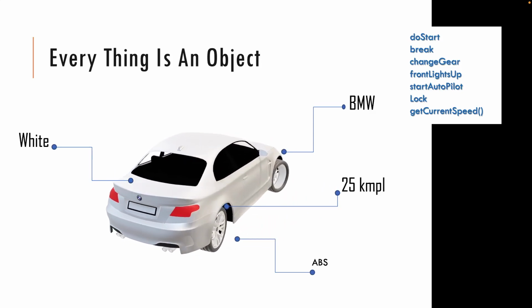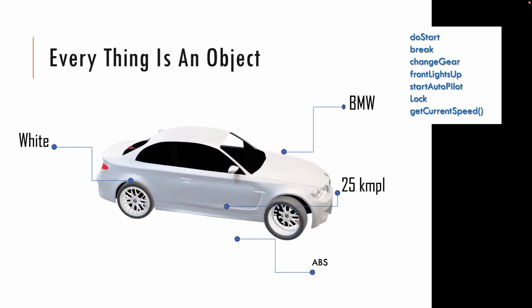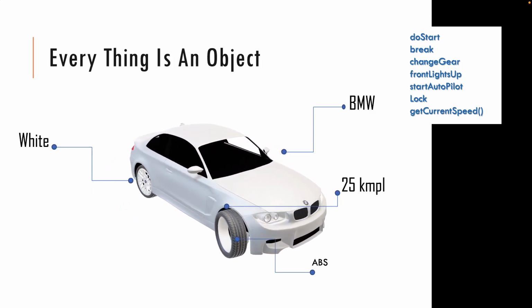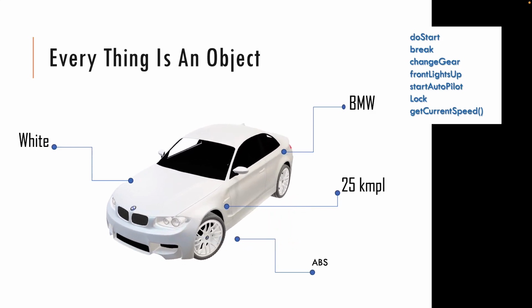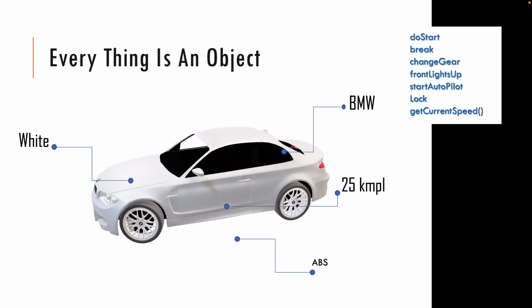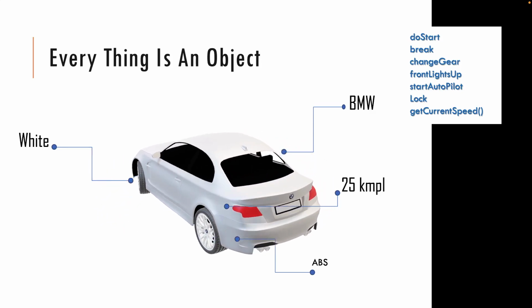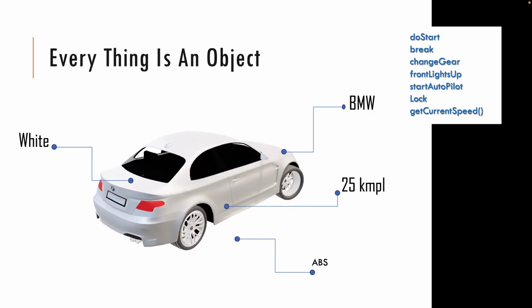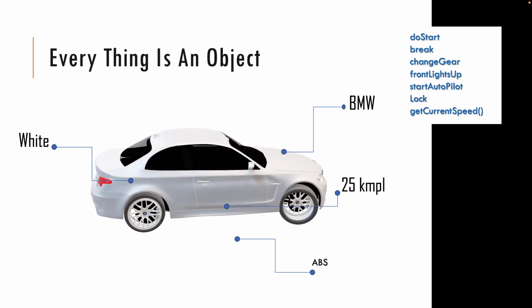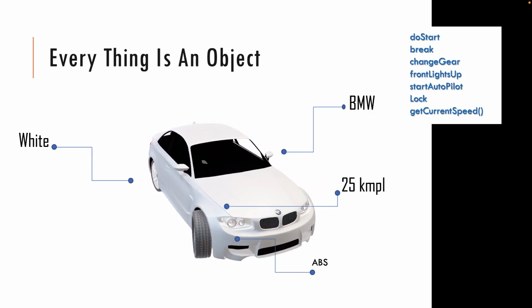And if you take the other thing, the behavior, what is the behavior of this object? It takes us from one point to another, and you can break, turn right, turn left, go forward, go backwards, turn on the front lights. And suppose it is a Tesla, some cars come with autopilot, you put it in autopilot.